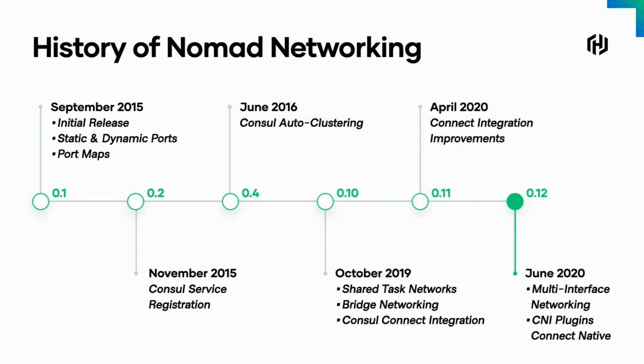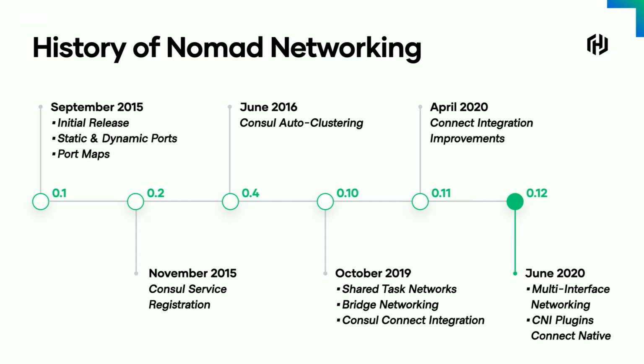So if we look back at the different network improvements we've seen over Nomad, when Nomad was originally released back in September of 2015, it's been almost 5 years now, we had static and dynamic port allocations and port mapping. The next release brought Consul integration with service registration and some continued improvements through the year. And really, the really exciting improvements have been coming in the last year.